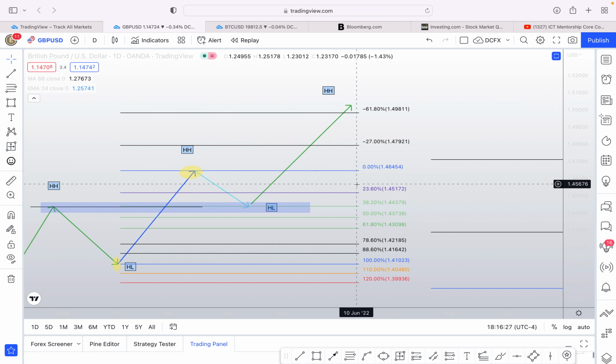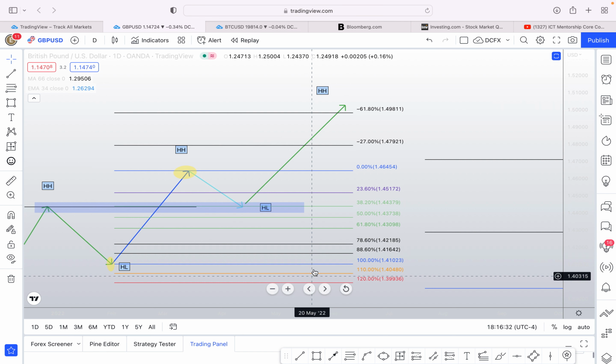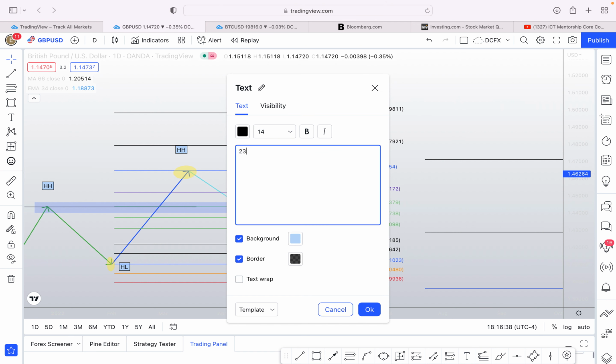Now, these different levels: 23.6 is a level of consolidation. I'll write this down here for y'all. 23.6 is really two things: continuation / consolidation.